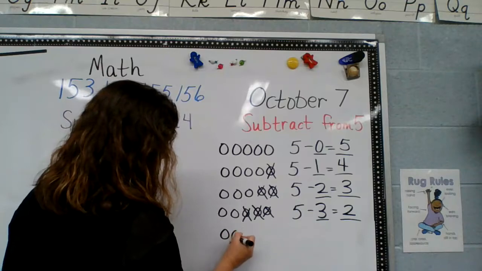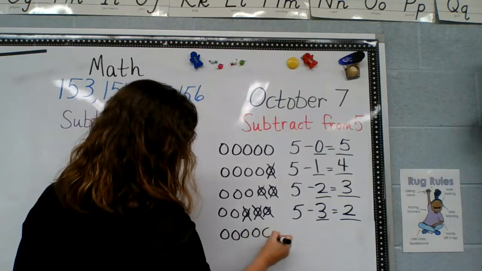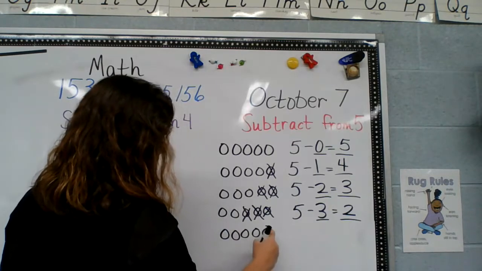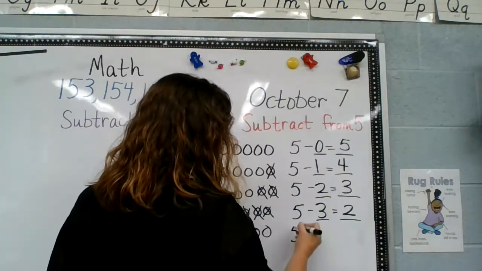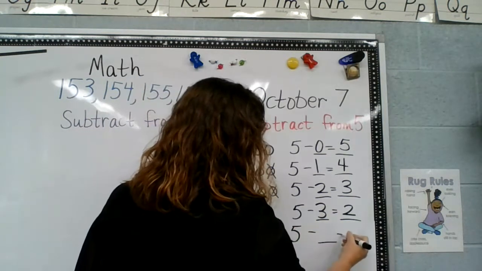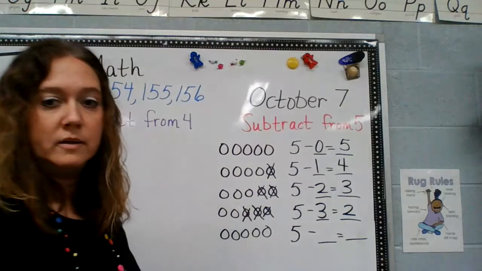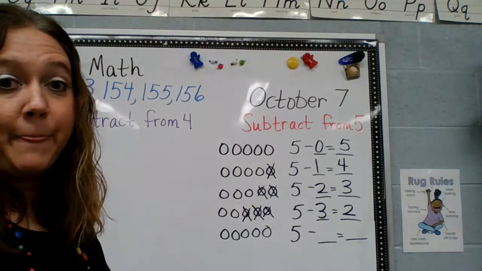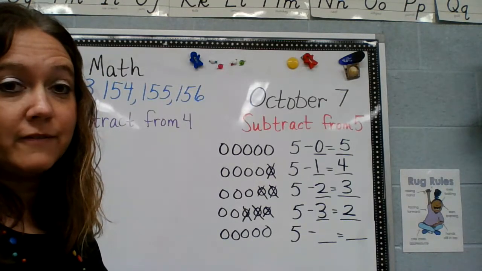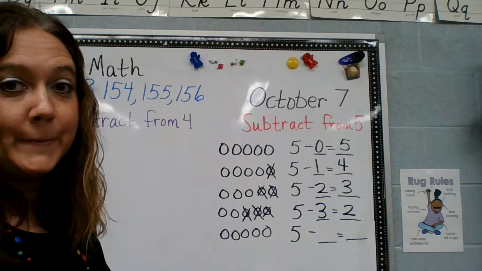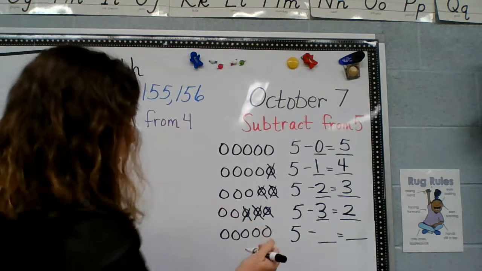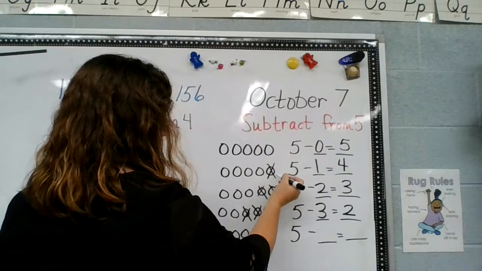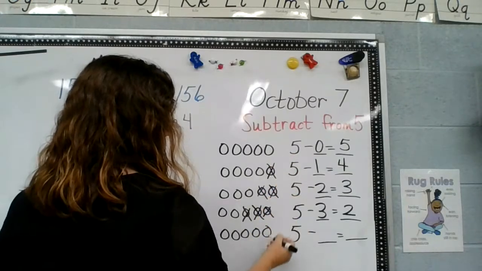Okay, we're going to draw 5 again. And write 5 minus blank equals blank. How many are we going to cross off? 4. We crossed off 0, we crossed off 1, we crossed off 2, we crossed off 3.